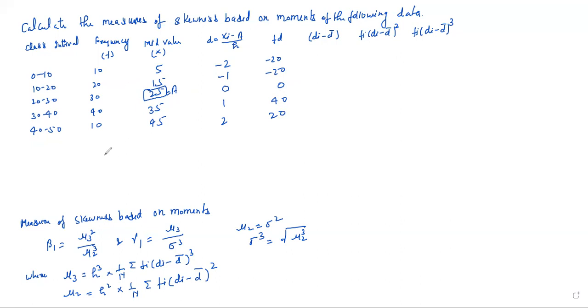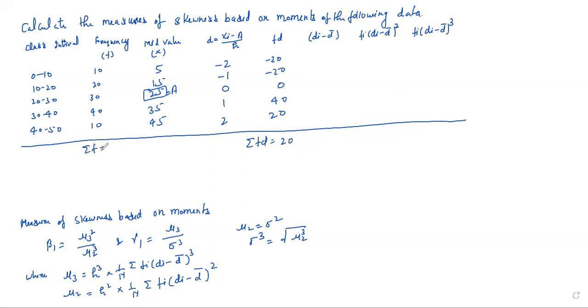Now calculate d bar. So summation fd is equal to minus 20 and minus 20 is minus 40. Minus 40 plus 40 cancels out to 0, and so this is 20. And now take the summation f: 10 plus 20 is 30, 30 plus 30 is 60, plus 40, plus 10, this is 110.